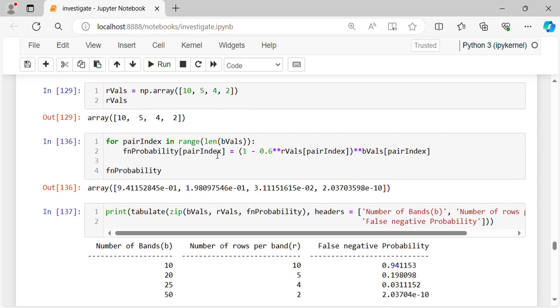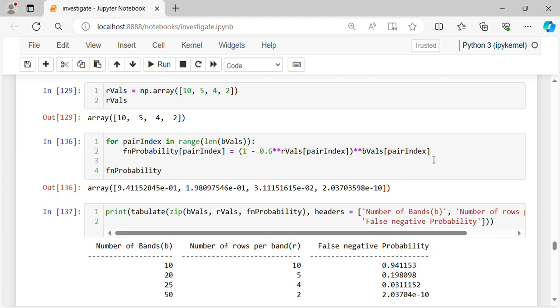So for pair index in range length of B values, so from 0 to 3, Fn probability at pair index equals 1 minus 0.6 to the power R values at pair index, and then the difference raised to the power B values at pair index.